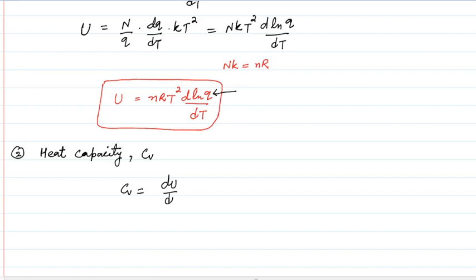Also we will take n equal to 1, that means 1 mole of system. We have already got this internal energy. We will simply put the value here and differentiate it with respect to temperature.